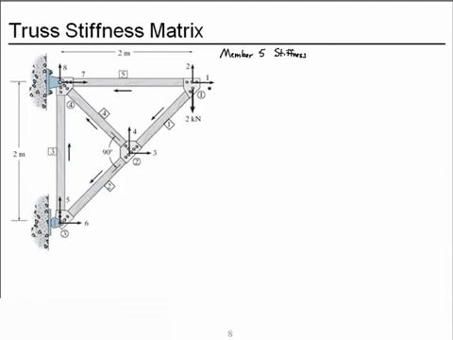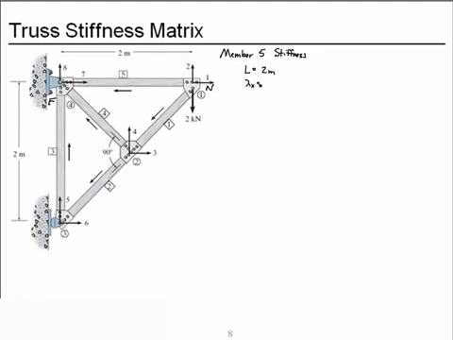Which has near node, node 1, and far node, node 4, based on the direction arrow, and degrees of freedom 1, 2, 7, 8. The length of the member is 2 meters.